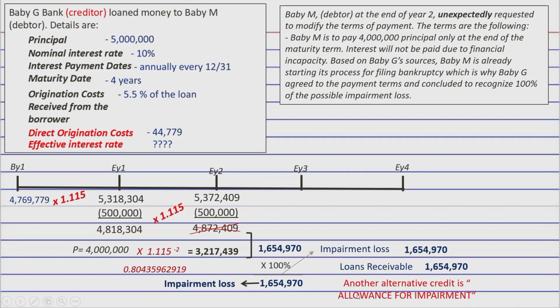Actually, if you use this allowance for impairment loss account and the unearned interest income account in recording journal entries, and you will be asked how much is the loan receivable balance, you will still have principal minus unearned interest income and minus allowance for impairment losses, which will still result with the same balances that you will get even if you're going to use the direct to the point entries.